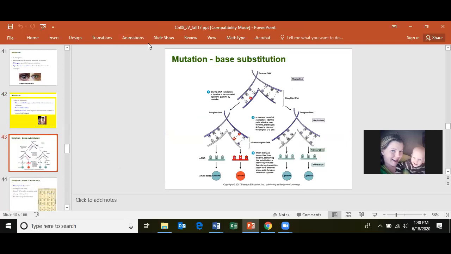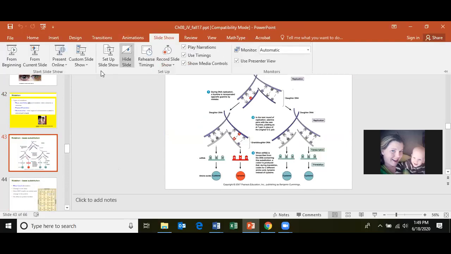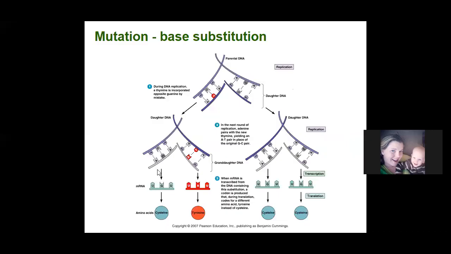Let me see what I want to talk about with this. You can have a base substitution where the wrong base is inserted and it doesn't pair well, and because of that the cell could actually repair it, but we're not going to talk about DNA repair.